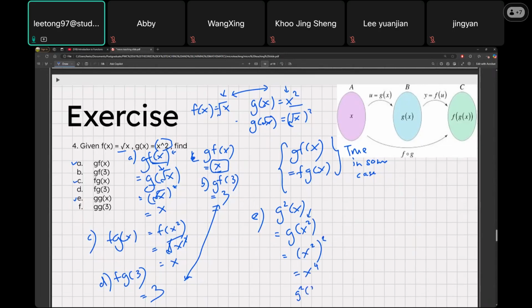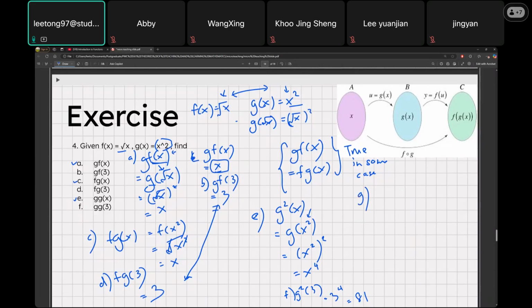So g square of 3 will be 3 power of 4, which is what, 81, right? 3 to the 4 is 81.